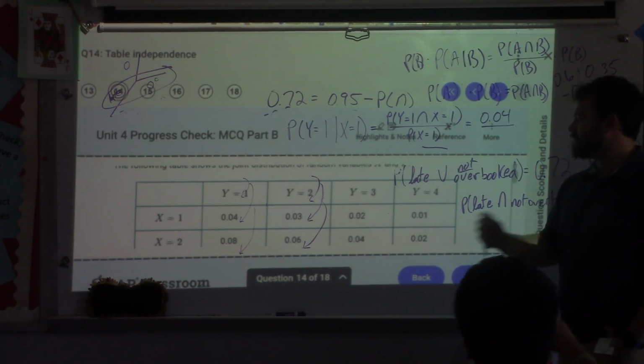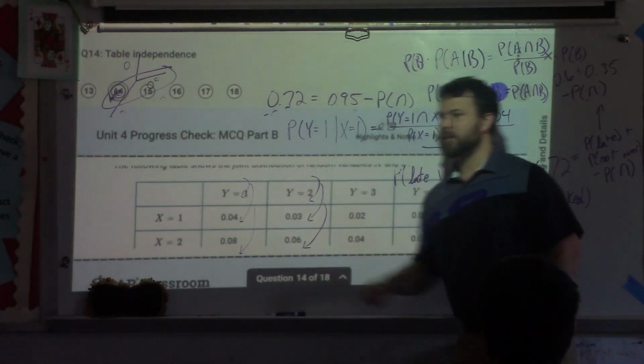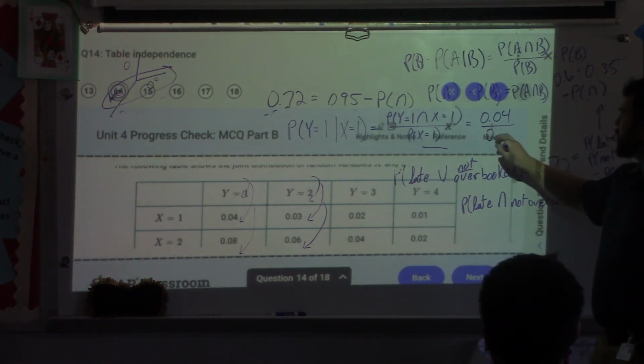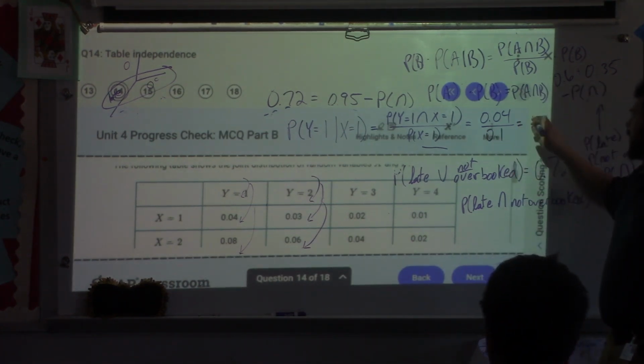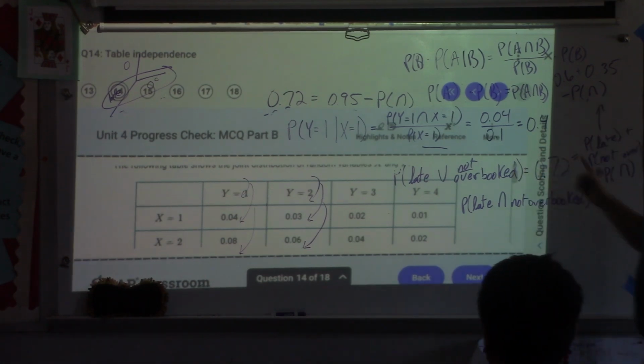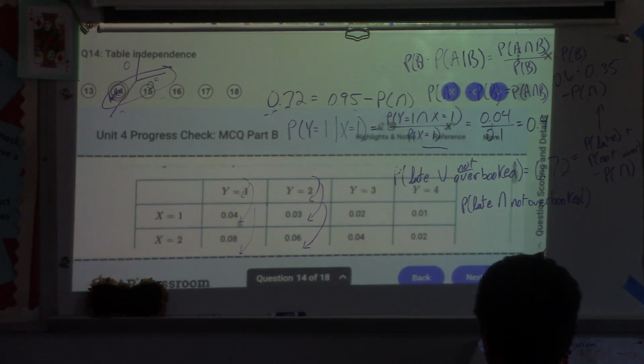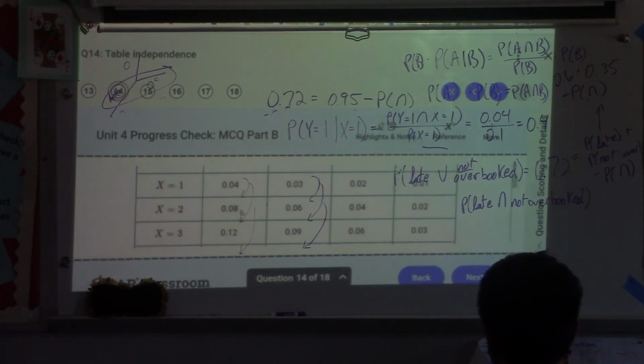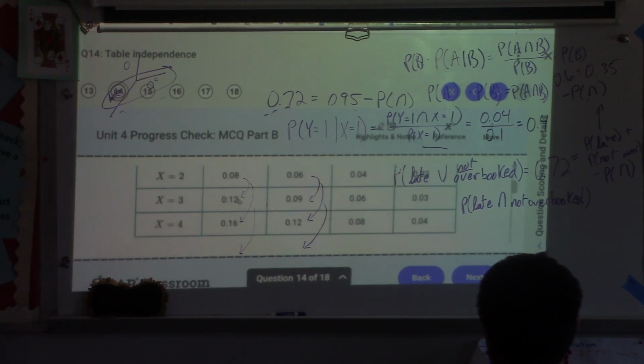You add all those up. So that gives me 0.4. What's 0.04 plus 0.08? 0.12 plus 0.12 plus 0.24 plus 0.16 is 0.4.